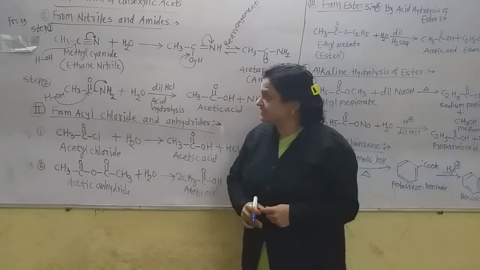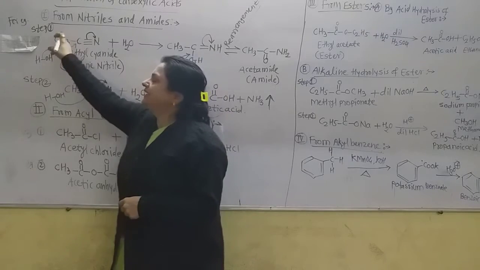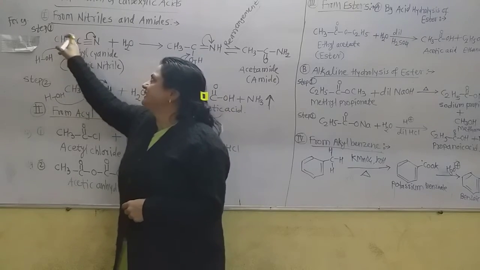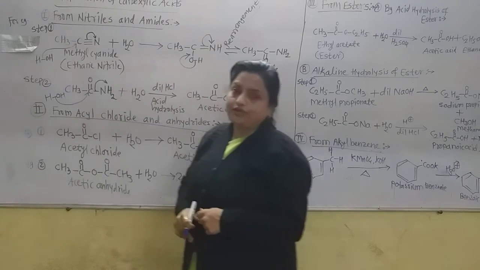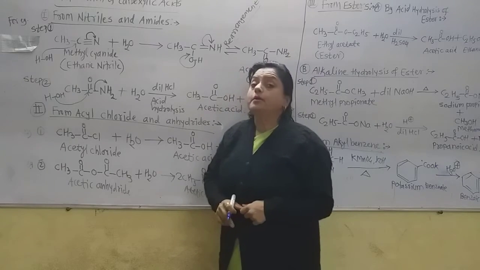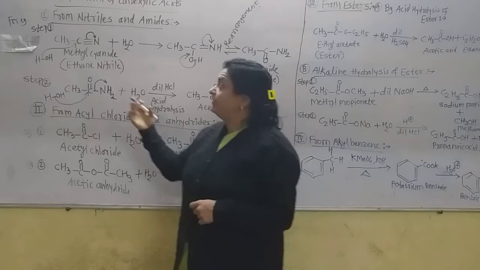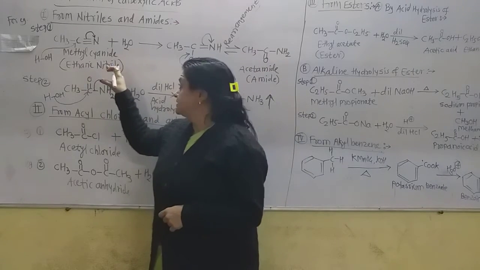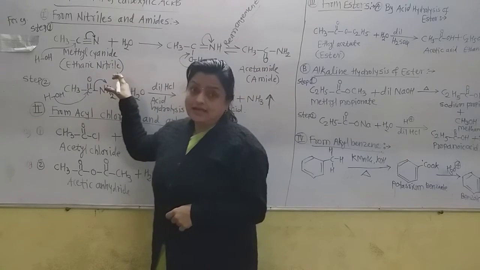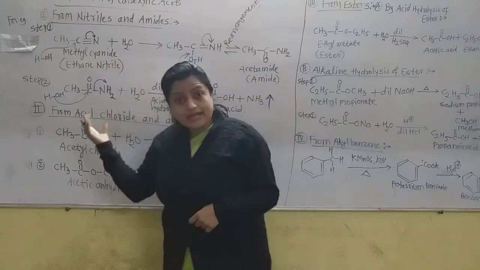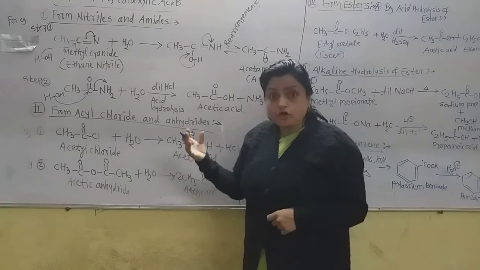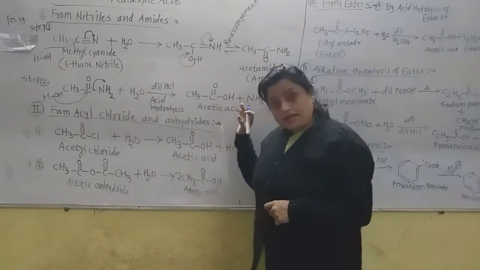That is the first acid, because in hydrogen cyanide or hydrogen nitrile there is the hydrogen atom, and we obtain formic acid also by this method. You can practice by taking different alkyl cyanides or nitriles, and you can obtain different acids.